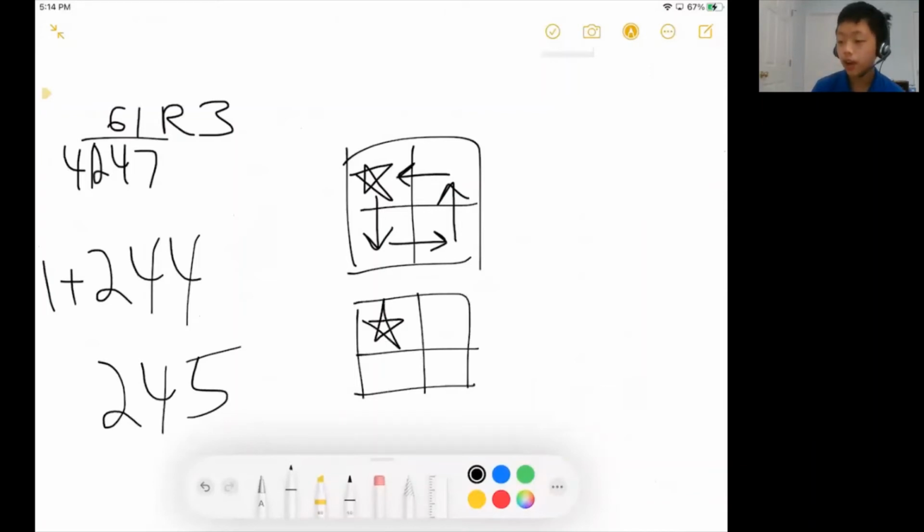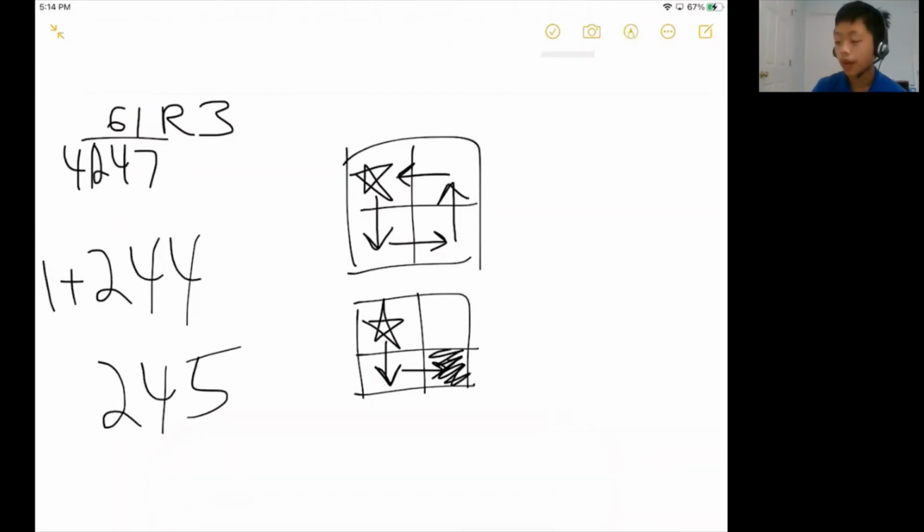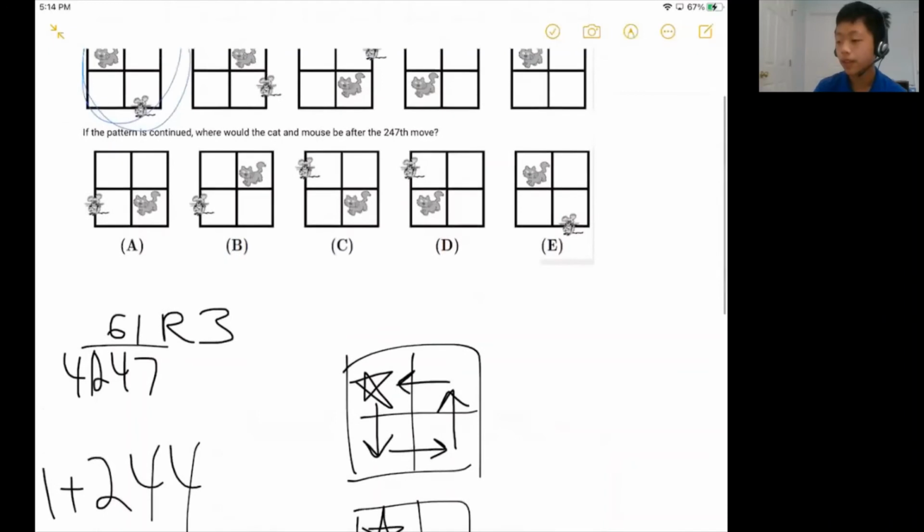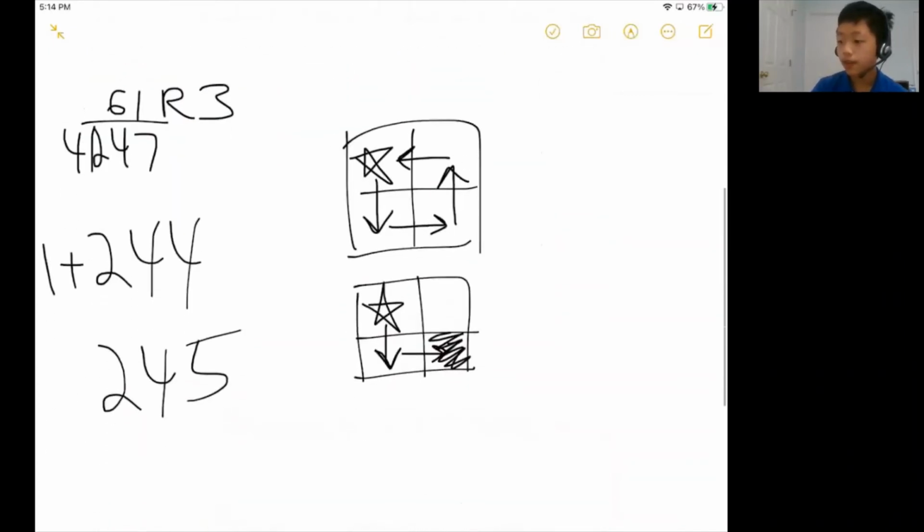Then we have to repeat 2 more steps. So the cat would move here and then move here. So the cat would be in the bottom right corner, and that would leave us with choices A and C. Then we would do a similar thing with the mouse, right?